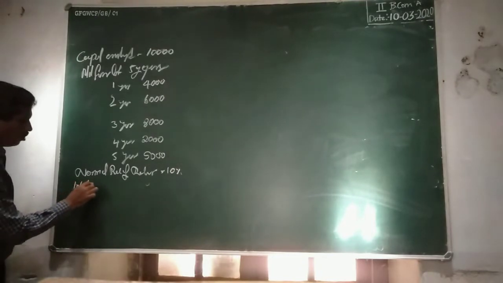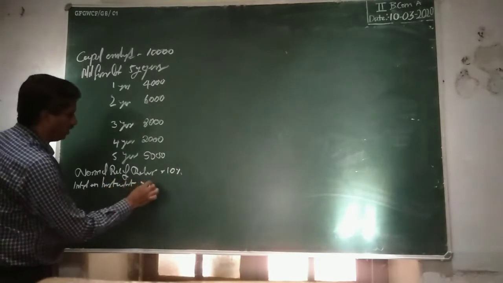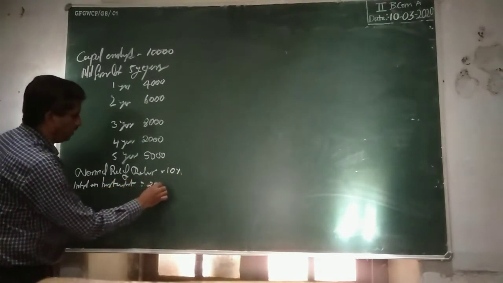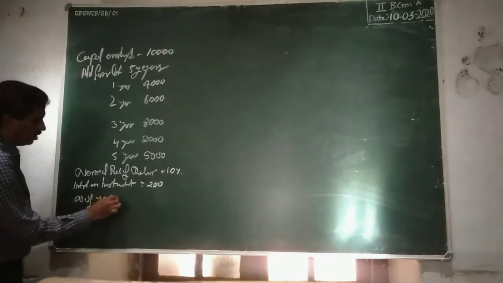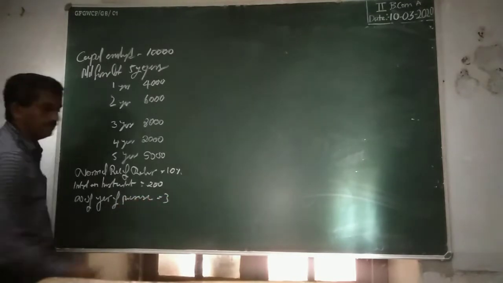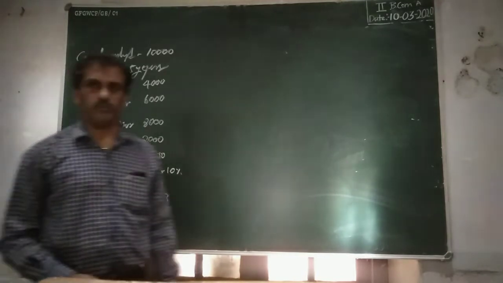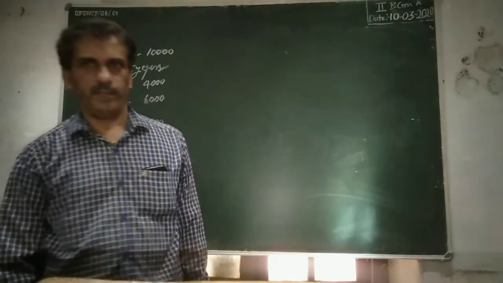Interest on investment is 200. Number of years of purchase is 3 years. Now we are supposed to calculate goodwill in all the methods.